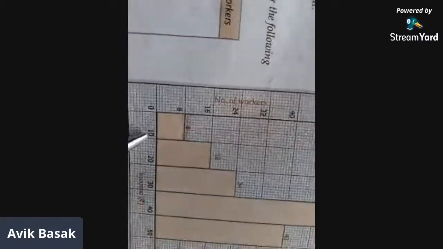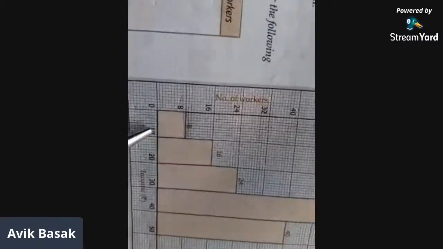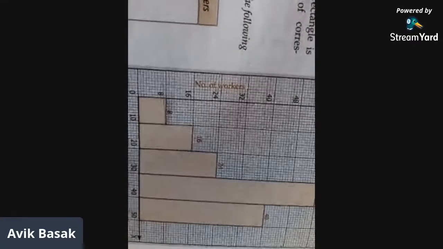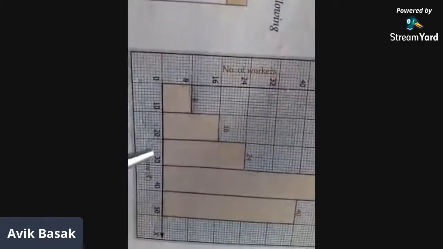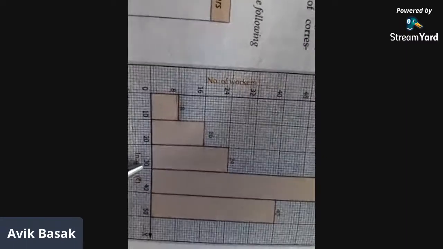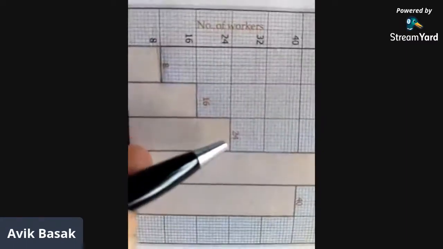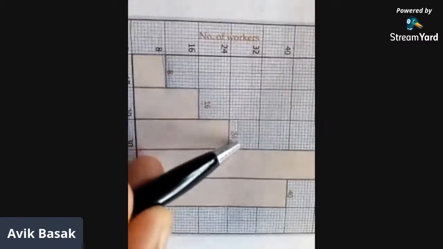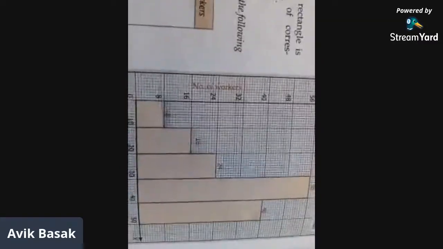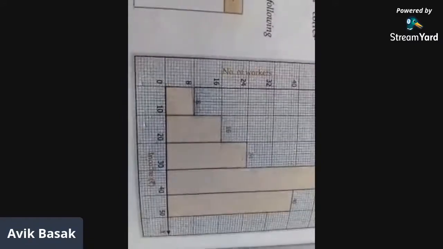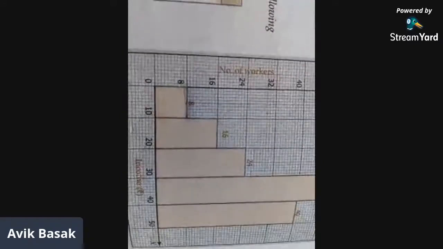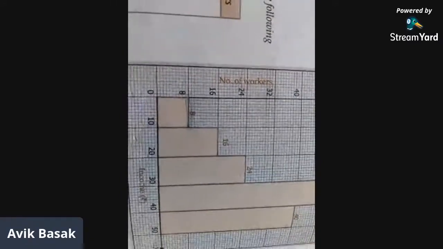So 0 to 10, 8 workers. 10 to 20, 16 workers, mark it, make a pillar. Then 20 to 30,000 income, how many people are getting? 24 workers, make a pillar. So in this way, you have to make a histogram when the class intervals are equal.